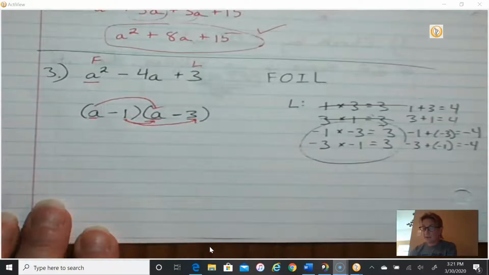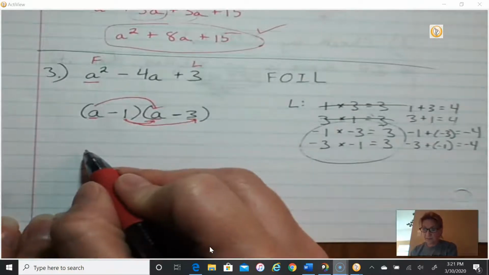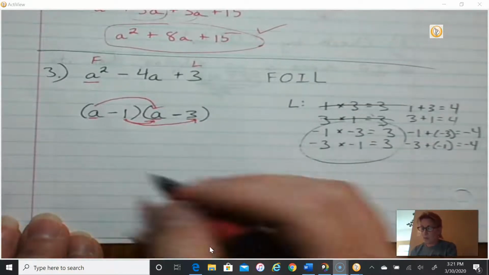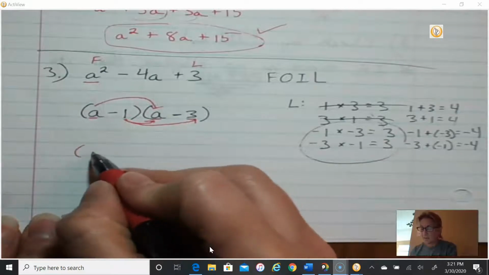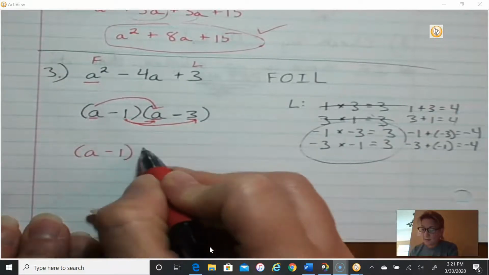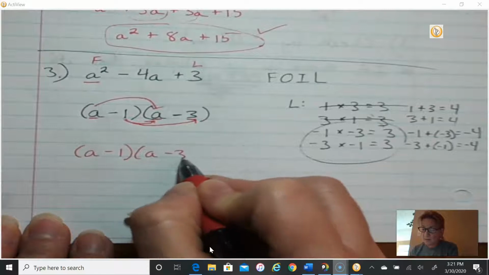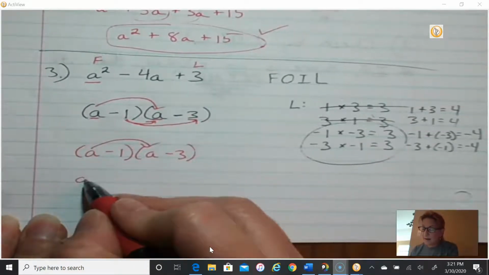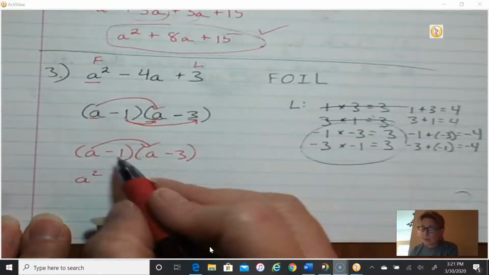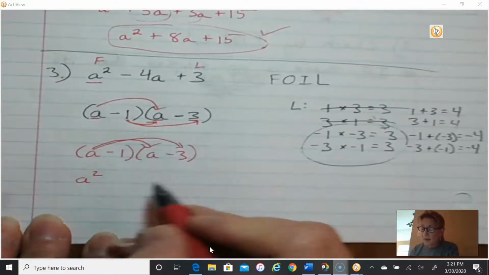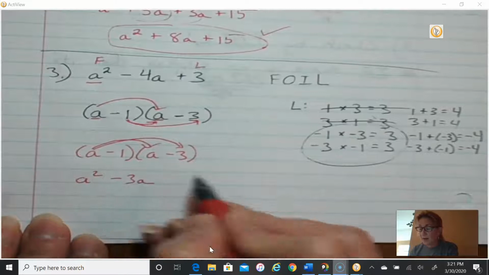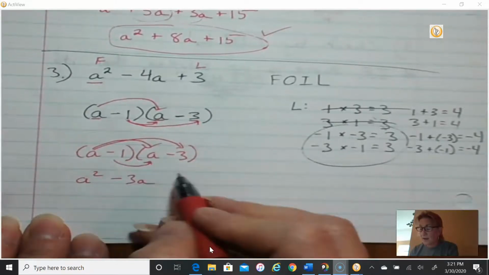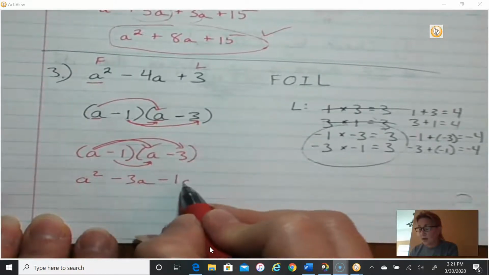So let's check. We're going to check. So a times a is a squared. A times -3 is -3a. -1 times a is -1a.